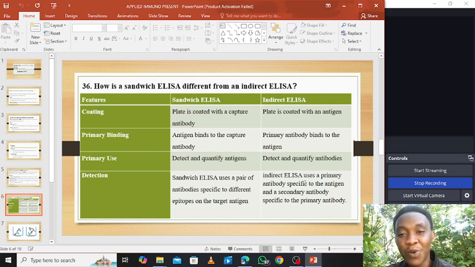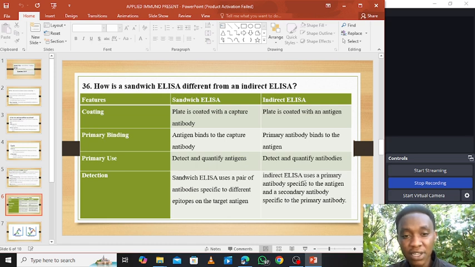The plate or well for indirect ELISA is coated with an antigen. For primary binding in sandwich ELISA, the antigen is the one which binds primarily, while for indirect ELISA, the primary binding is by the primary antibody. The primary use of sandwich ELISA is to detect and quantify antigens, while indirect ELISA is used for detection and quantification of antibodies.